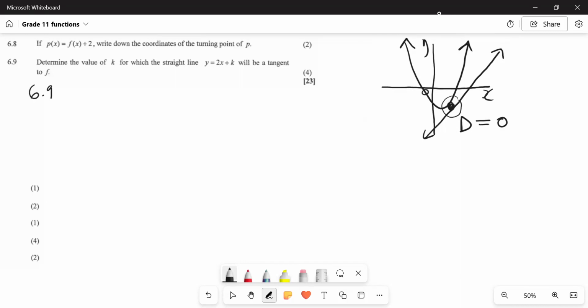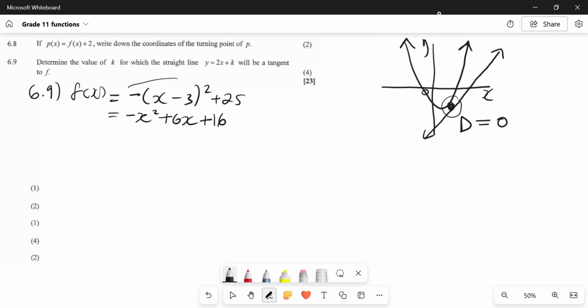So for 6.9, you have your f of x equals negative x minus 3 all squared plus 25. You open the bracket, apply the FOIL method, and then we get to this step. When we use the FOIL method, we're trying to simplify this.